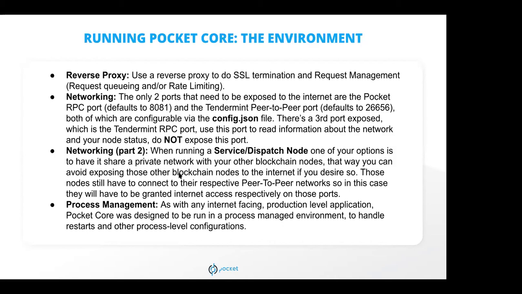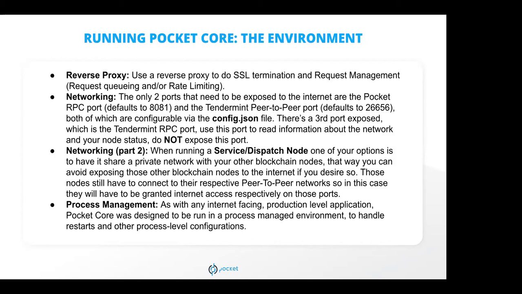The second part about the networking: when you're running a service dispatch node, one of your options is to have it share a private network with your other blockchain nodes. All of you are already running blockchain infrastructure, so you don't have to expose those blockchain nodes to the internet in order to use Pocket.